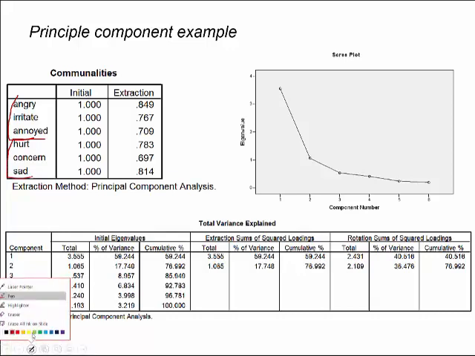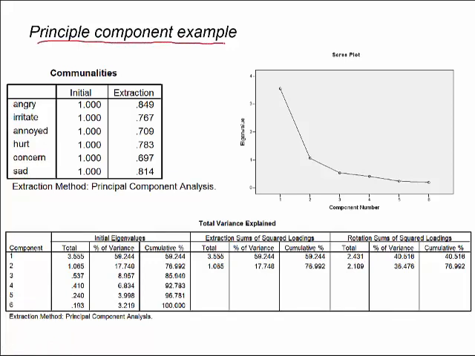So this is using SPSS, and first we'll do a principal component analysis. And let's see what we have here. We have a table up here showing communalities for angry, irritated, annoyed, hurt, concerned, and sad. We have 6 items. And this column where it says initial, this is saying what is the initial communality when I do that initial process where I extract all the possible factors, or in this case, all the possible components.